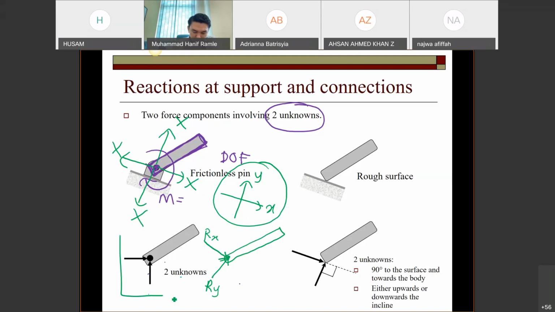This example shows you the axis is like this. It depends on your assumption of the axis direction. Since this system only has one DOF, the other directions X and Y have reactions and give two unknowns.